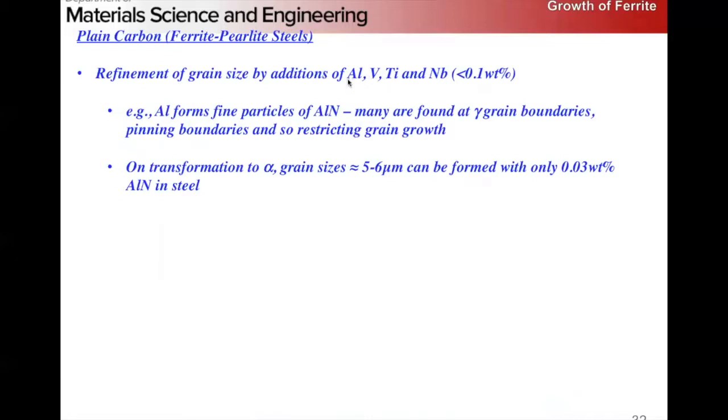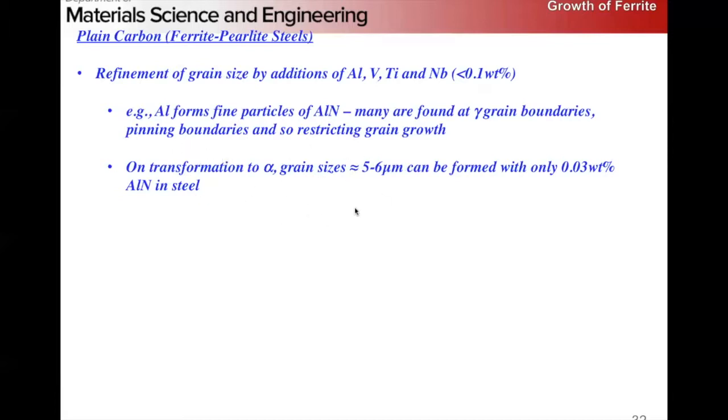Okay, and we can, if we add very modest, very small amounts, less than 0.1 weight percent of aluminum, vanadium, titanium, niobium, we can get refinement of grain sizes. So aluminum, for example, forms fine aluminum nitride particles, right, which form at the austenite grain boundaries, pinning the austenite grain boundaries and restricting grain growth, right?